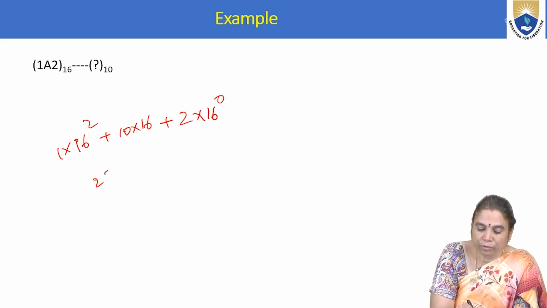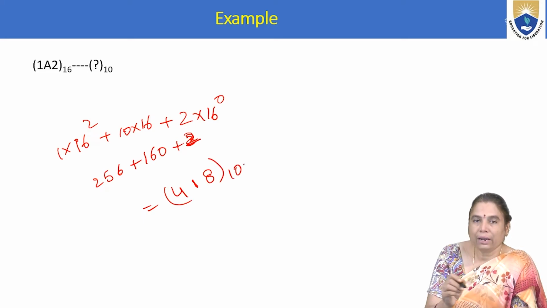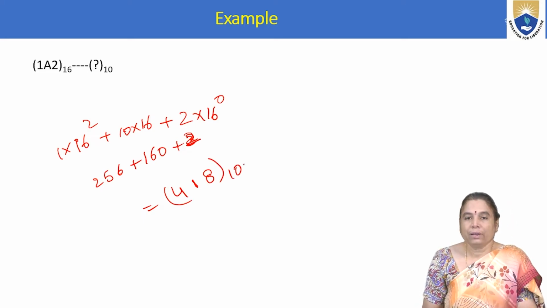So this is 256 plus 160 plus 2. We have to add all these numbers, which gives 418, the decimal equivalent of 1A2.